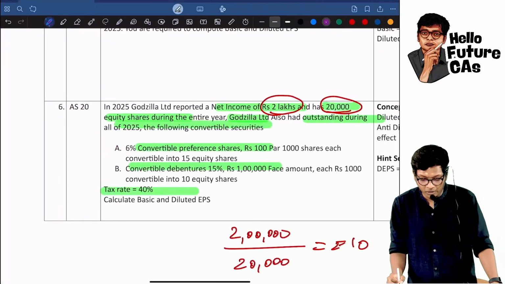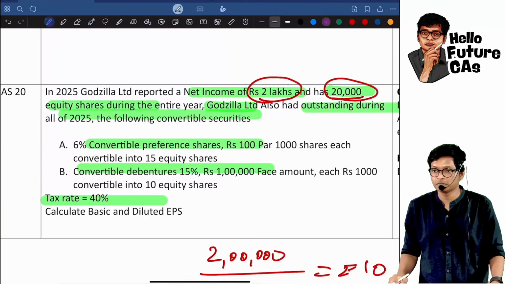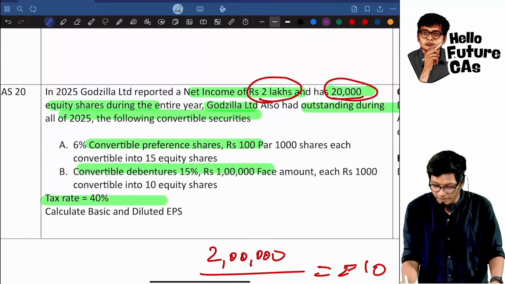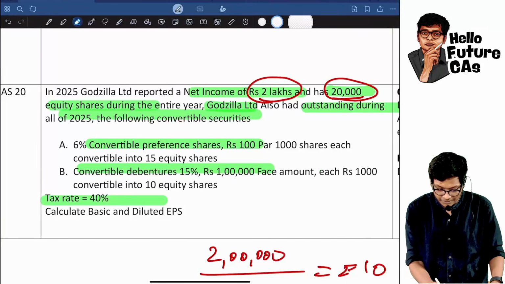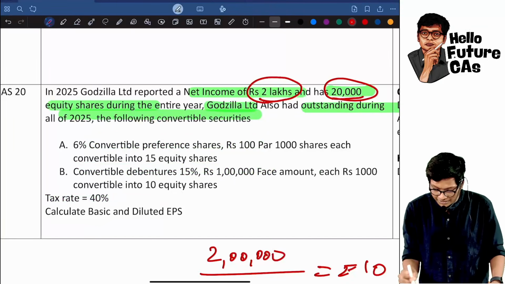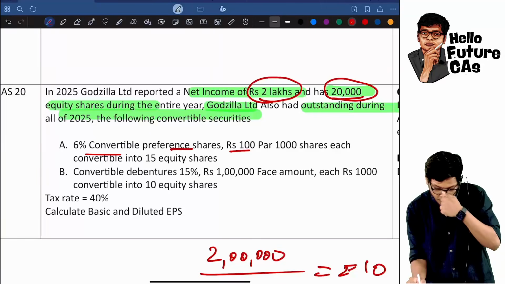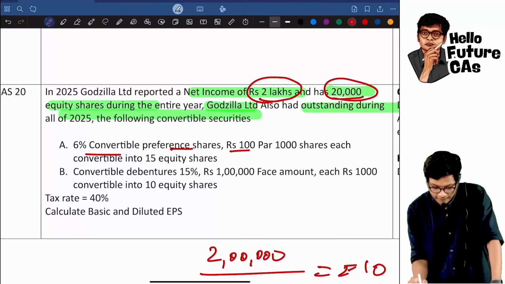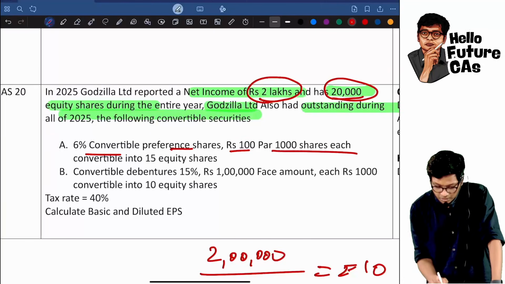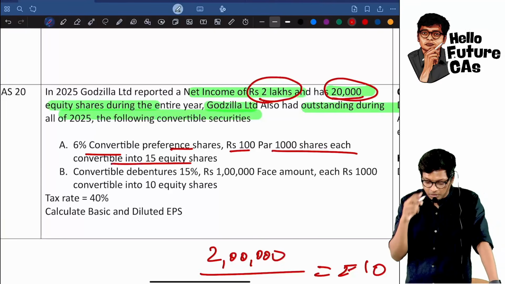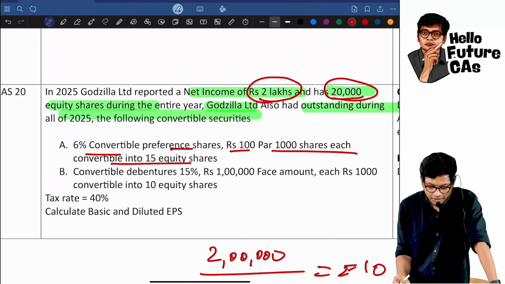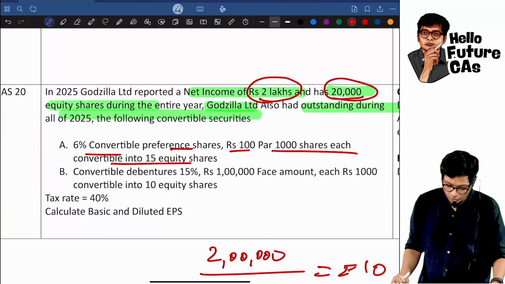Let me add it one by one. First they gave preference. Let me add for preference, sir. It's very easy. What they are saying: 6% convertible preference shares of rupees 100 each, per 1000 shares converted into 15 equity shares. So what is he trying to say here?